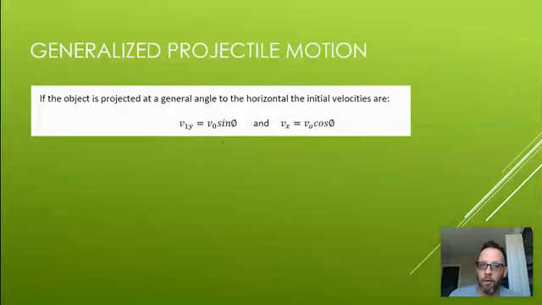In the case where the projectile is not launched horizontally, I'm just going to draw a little diagram. Let's say our muzzle speed is v0, but our projectile is launched at some angle, call it phi. We now have experience breaking things down into components. At any phase during a projectile's motion, we can break it down into a vertical component and a horizontal component.